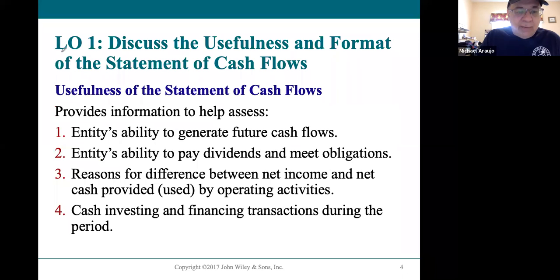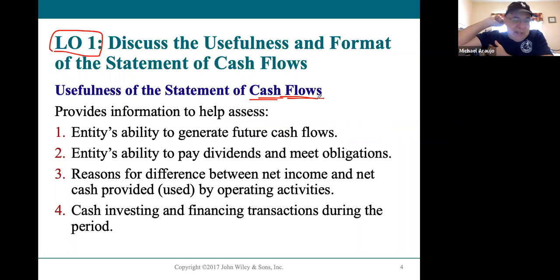So let's start off, first of all, with what the cash flow statement is and why it's useful to understand. First of all, you have to understand that this is all about cash, okay? And it tracks everything to do with cash in a business. And the cash flows only two ways.